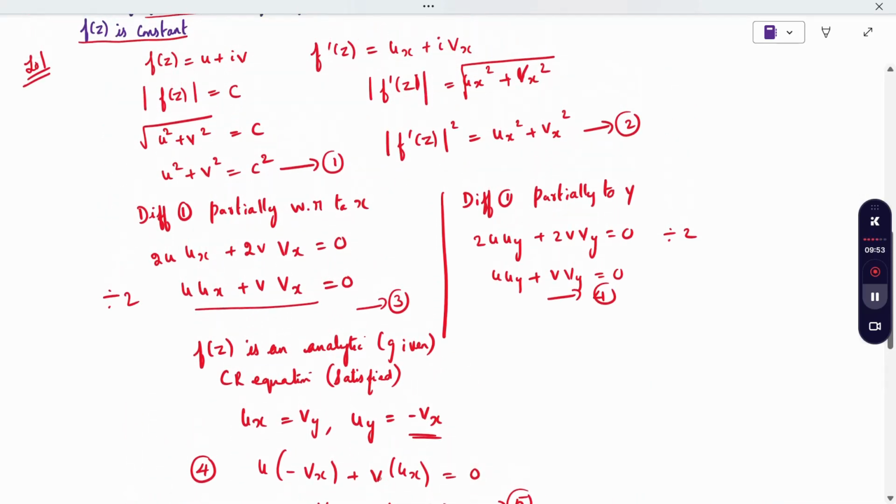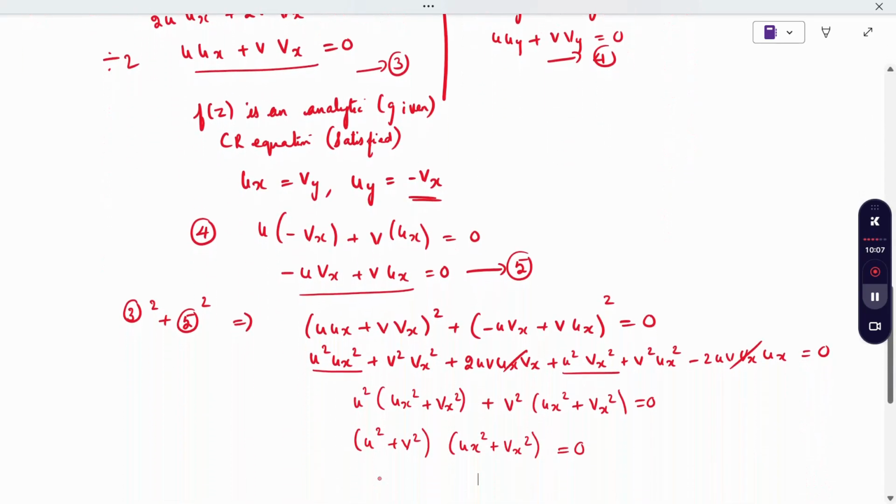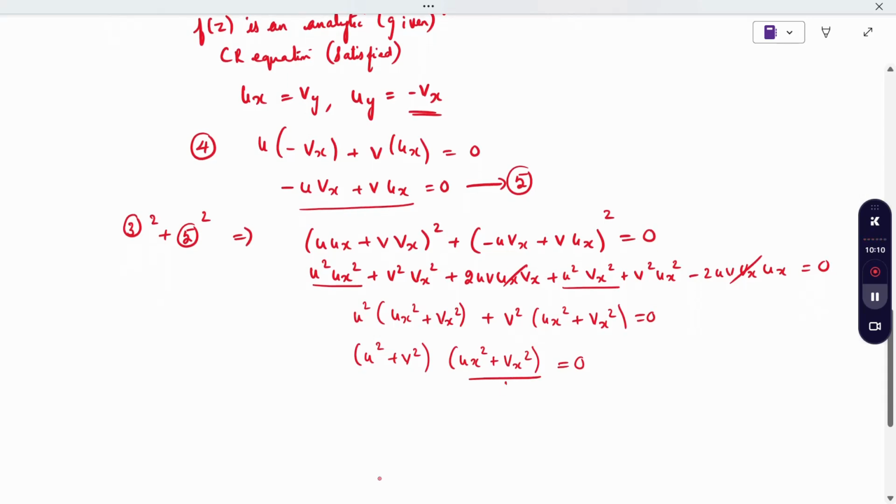Check: ux squared plus vx squared is nothing but modulus of f dash of z the whole squared. So I'm going to replace it by equation 2. So what happens is u squared plus v squared into modulus of f dash of z the whole squared equals 0. We know that u squared plus v squared, from equation 1, is a constant, not equal to 0.